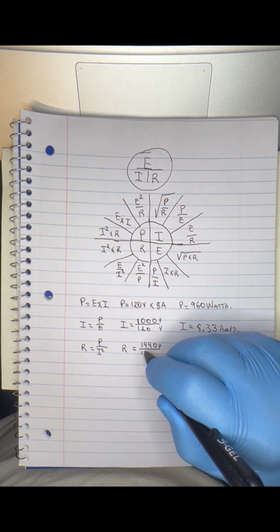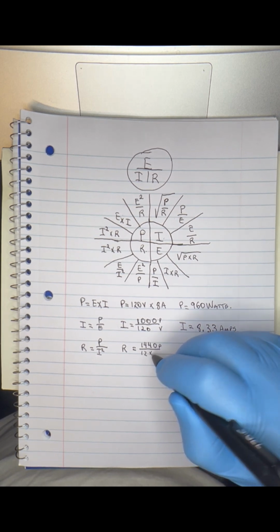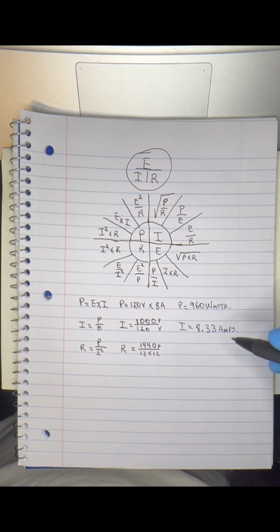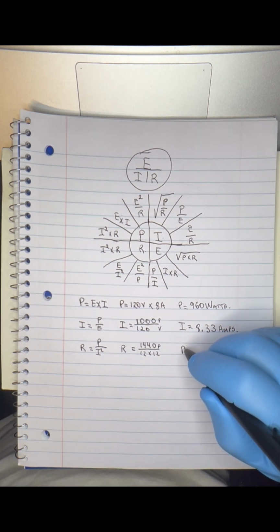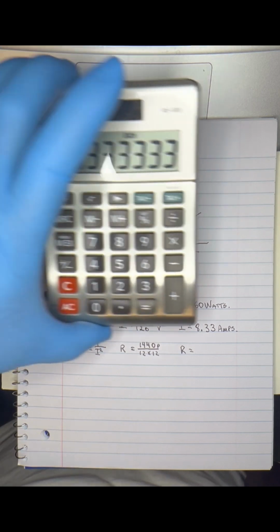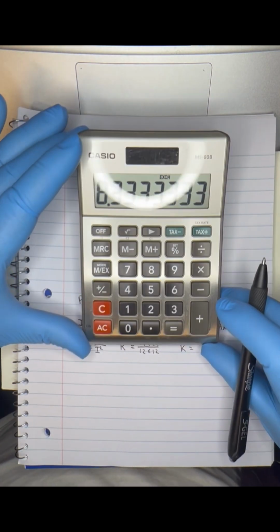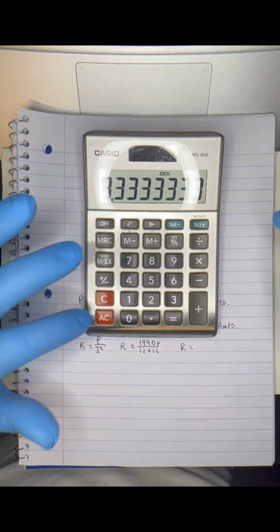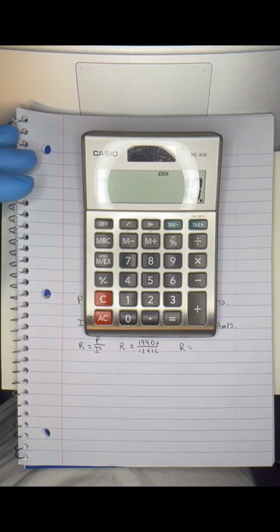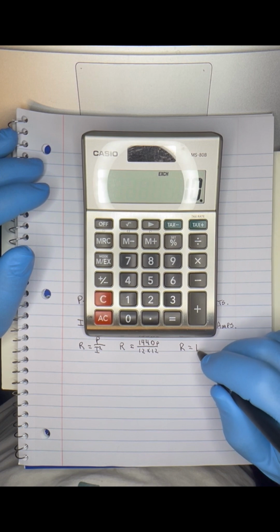But since it is squared, it's 12 times 12. Therefore, R equals, find out with our trusty calculator, equals 10 ohms.